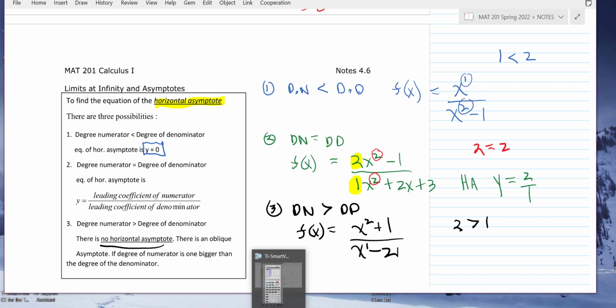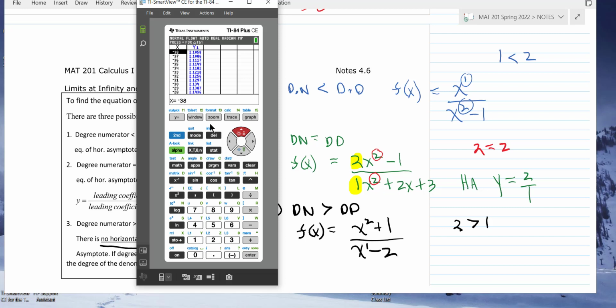So let me show you what a totally different thing will happen as x gets bigger. With this one, I'll put this in: x to the second plus 1, and then divide by x minus 2. All right, so I want to put this in a standard window, just graph that again, and you're going to see something totally different on this one.